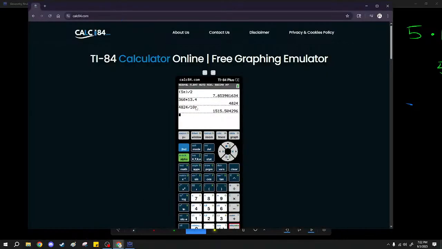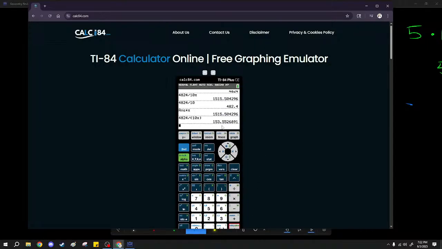What this is doing is essentially reading this as 4824 divided by 10 is equal to 482.4, and then multiplies by pi. So it gets you this number. We don't want that. We want 10 pi to be multiplied together on the bottom. So that's where the parentheses come in. 4824 divided by, in parentheses, 10 pi.